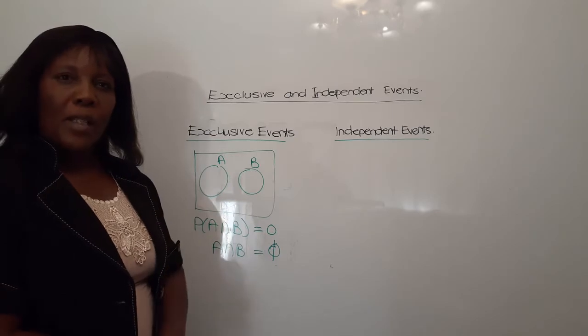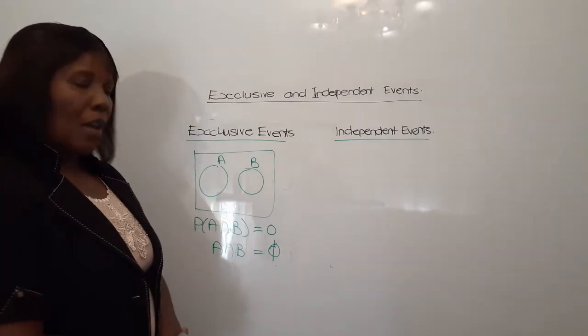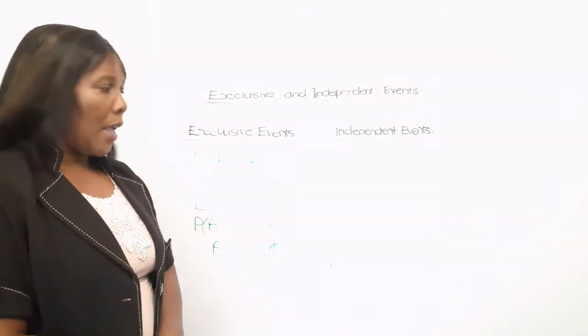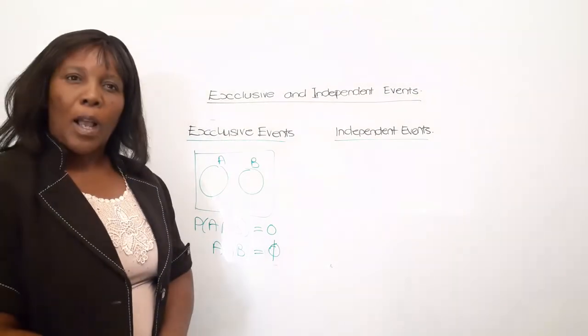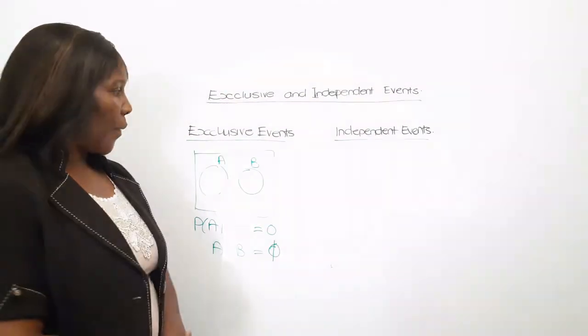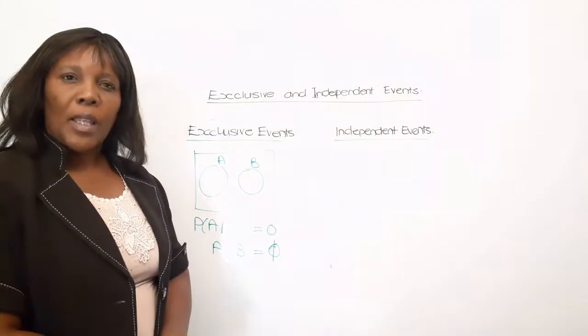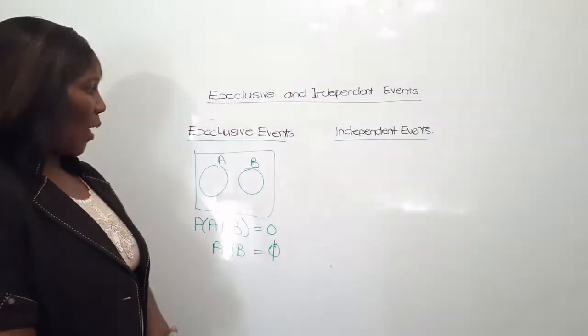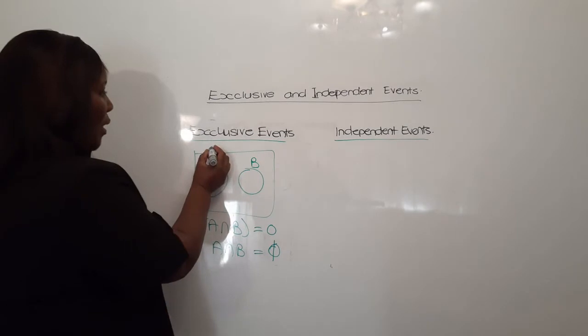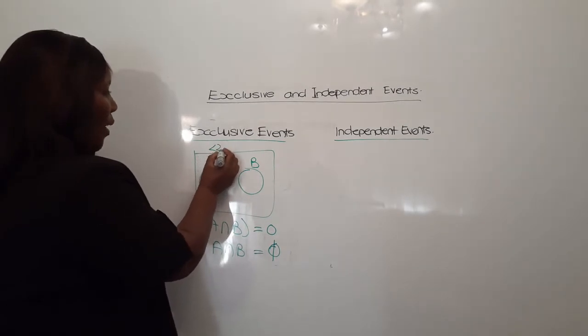You would want an example where we have mutually exclusive events. In a school, if you are below 20 and you are between 30 and 40, those are mutually exclusive events. This is you are less than 20 here.